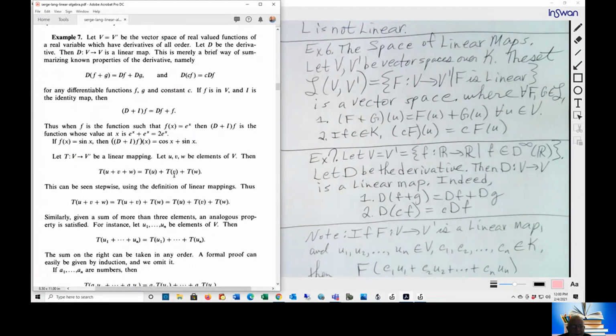And then example 7 is an example of the vector space of differentiable real valued functions.